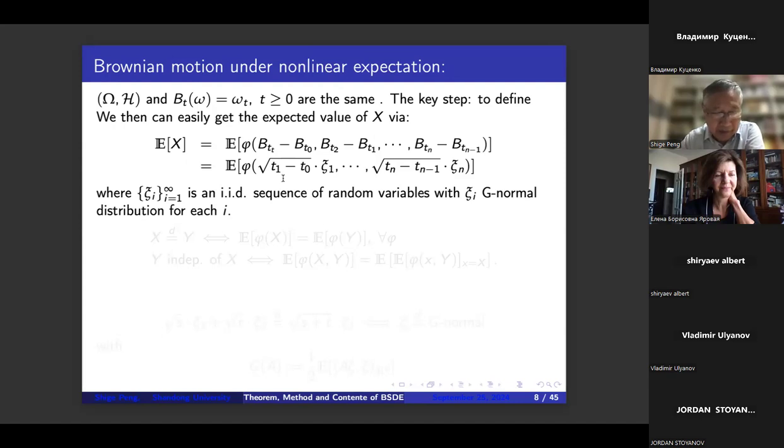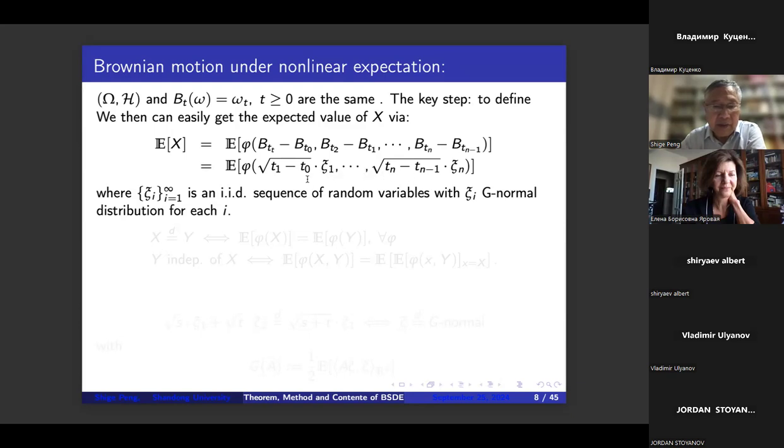The difficulty can be solved because, in fact, the expectation of this is nothing but just E of x in square root of t minus t1 times x1 up to square root of t minus t of n minus 1 times x1.